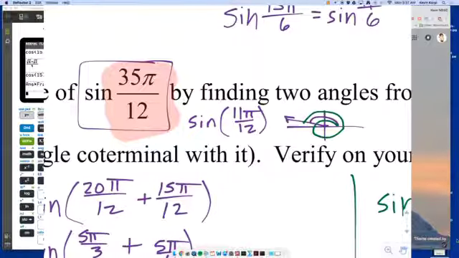Now, you'd have to be careful, though, because you can't say 35 pi 12 equals 11 pi 12. But you could say sine of 35 pi 12 equals sine of 11 pi 12, and then you can work on finding 2 numbers that add or subtract to give you 11. Yeah, that would be simplifying on the front end, which is totally fine. I'd be totally fine with you doing that. Okay? Coterminal angles have the exact same trig ratios.